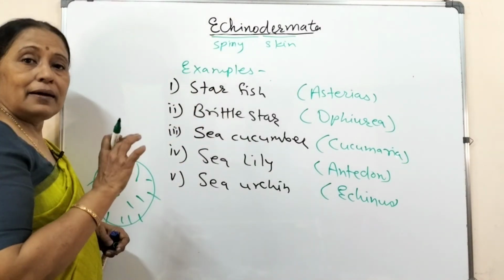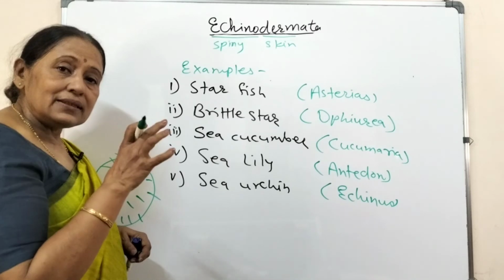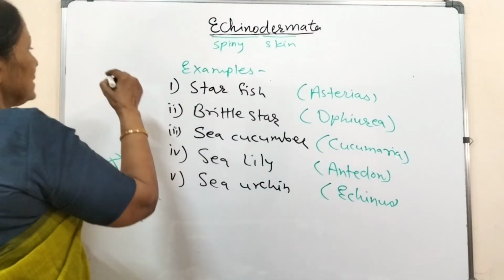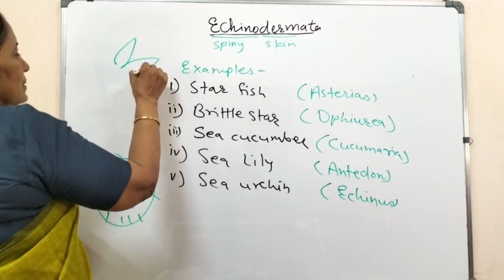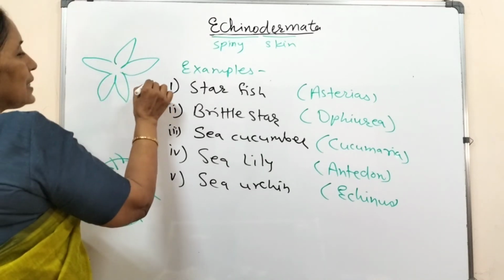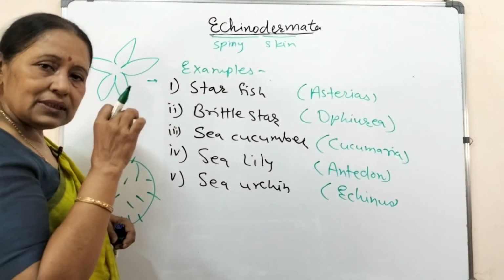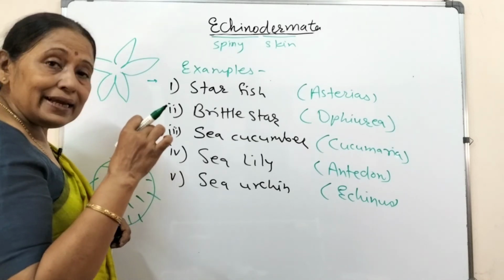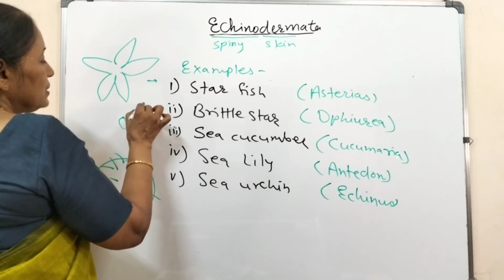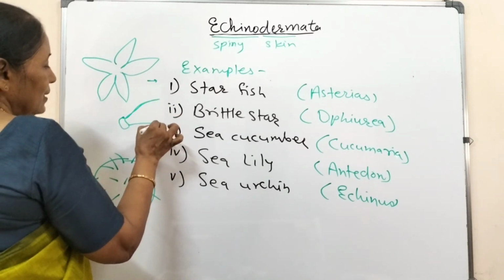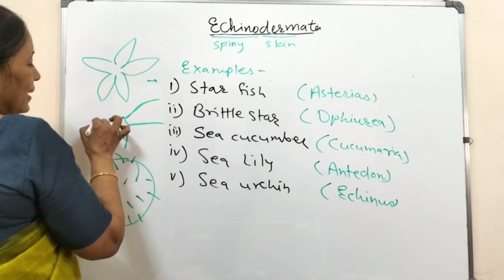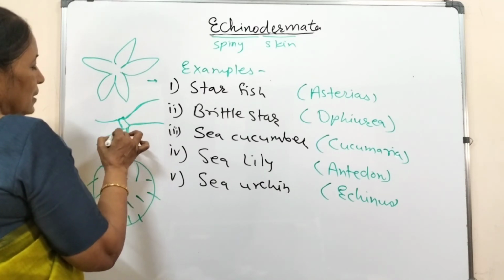In the starfish diagram, the one which has the fleshy arms is the starfish. And the brittle star has very delicate, slender arms: 1, 2, 3, 4 and 5.